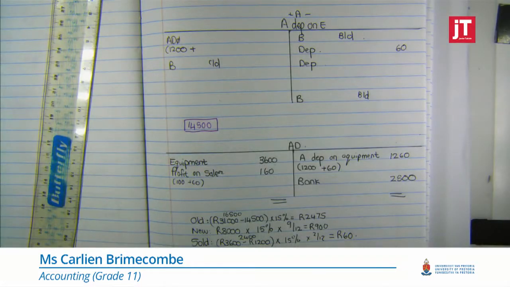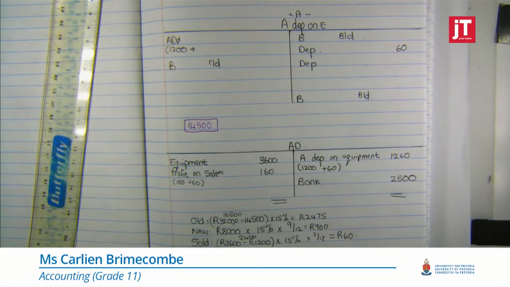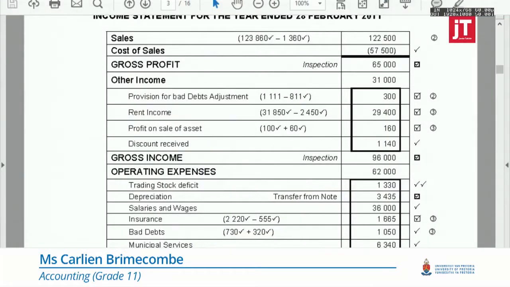I will tell you now. Let's mark the income statement before we move on. There you go. We didn't have a chance to mark it yesterday. The depreciation was done 100% correct.